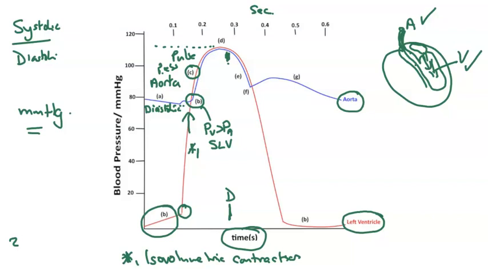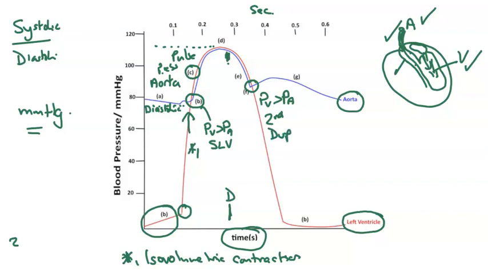The pressure in the aorta becomes greater than the pressure in the ventricle at this point here. So let's write that in as pressure in the ventricle is greater than pressure in the artery. And of course that is consistent with the second heart sound, which of course we call dup.